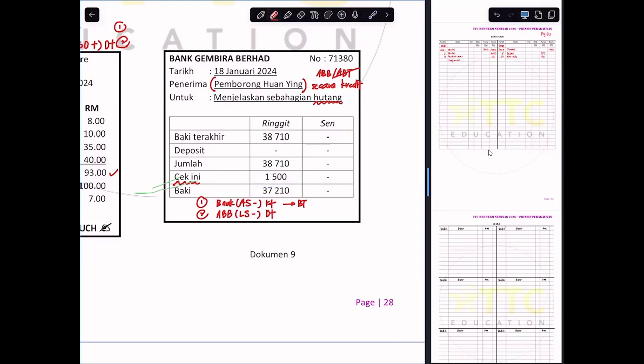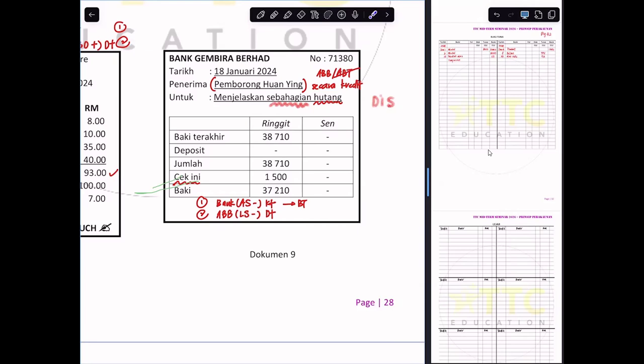But one more thing to check. Whenever you see hutang, you need to check the term in front there to see any discount or not. And then mention sebahagian means you pay for partial. If you pay for partial part of it already, do you need to pay for the rest? If you claim that you pay for only part of it, do you need to pay for the balance? Yes or no?